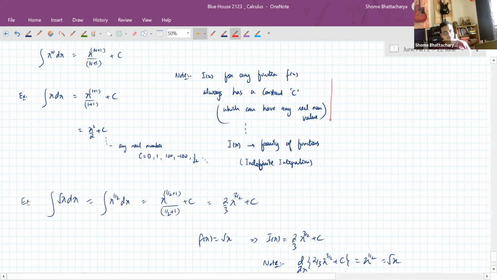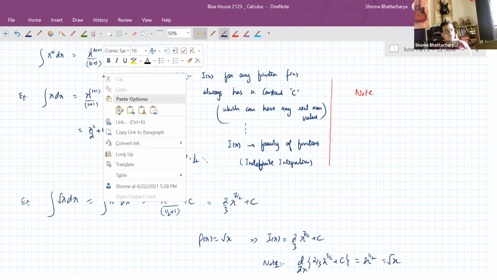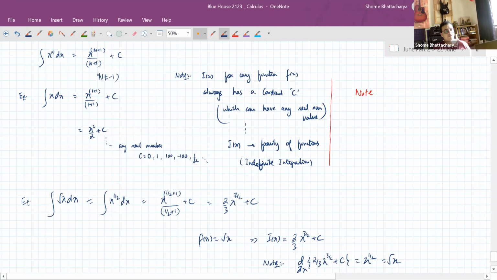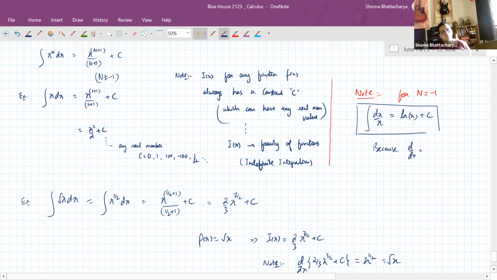Now also alongside, let us note down the special case. Remember here n should not be equal to minus 1, so it is valid for all n other than minus 1. For n equal to minus 1, we have the formula: it is natural log of x plus c, because we know that differentiation of ln x is equal to 1 by x.